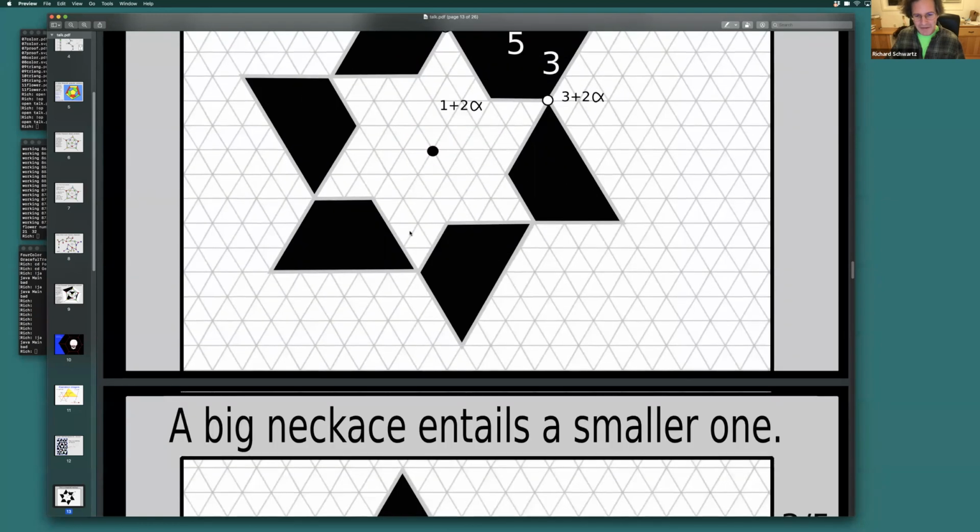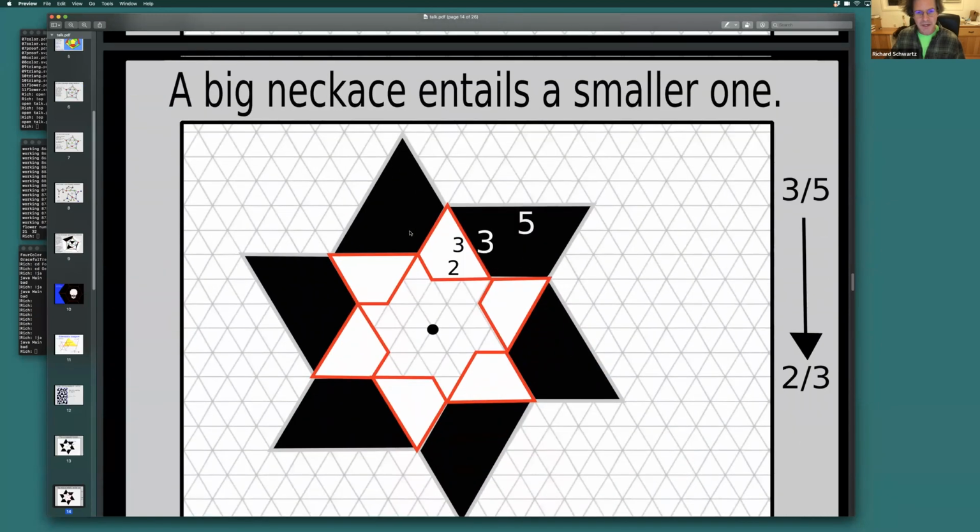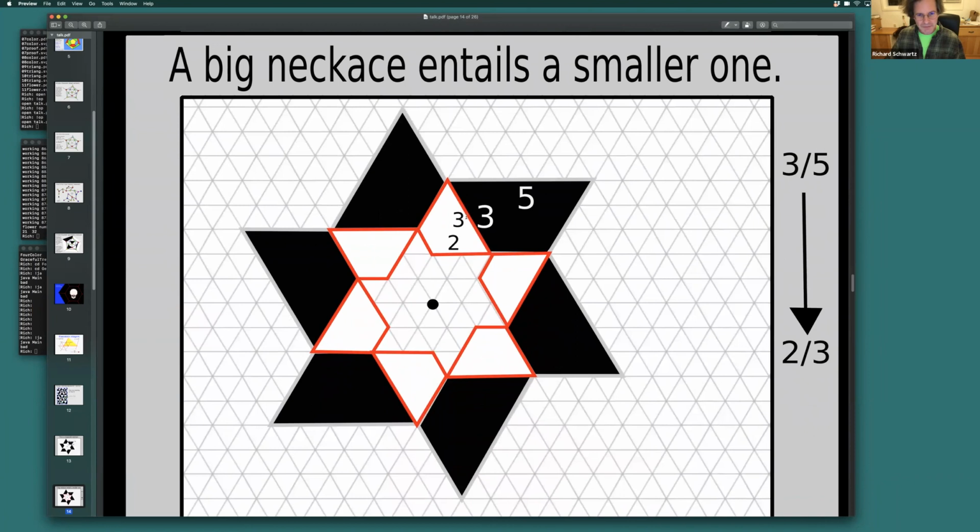Now, once you have a trapezoid necklace, the black one entails the smaller one. Like here I started with the black 3/5, and then now I've produced this white 2/3. I go from 3/5 to 2/3.